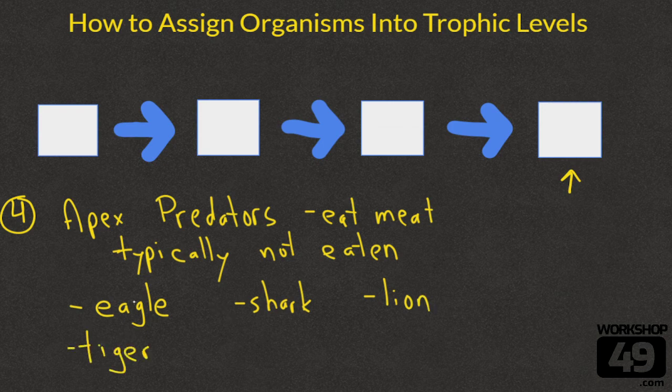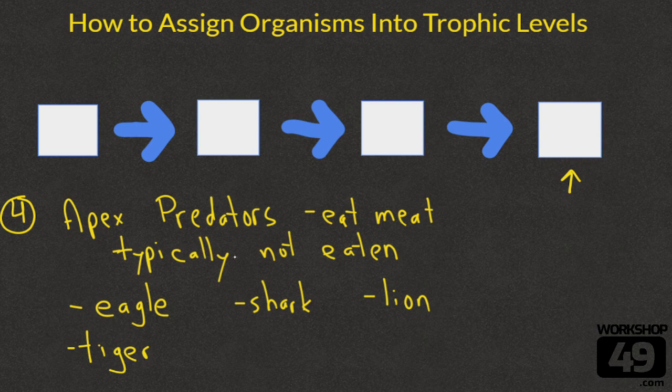If I asked you to place one of these organisms into a food chain, and I didn't tell you what else was in the food chain, you should know a tiger cannot be in the first trophic level. A tiger is not a green plant. A tiger cannot be in the second trophic level because a tiger does not live off of eating green plants.